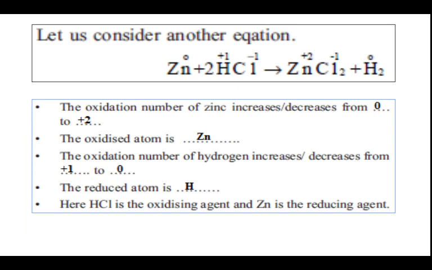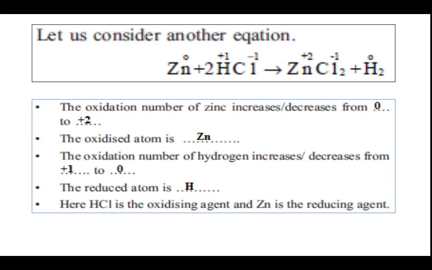Now, let us consider another equation. Zinc with 0 oxidation plus 2HCl with hydrogen having +1 oxidation and chlorine having -1 oxidation giving zinc chloride with zinc +2 oxidation and chlorine having -1 oxidation plus hydrogen with 0 oxidation.